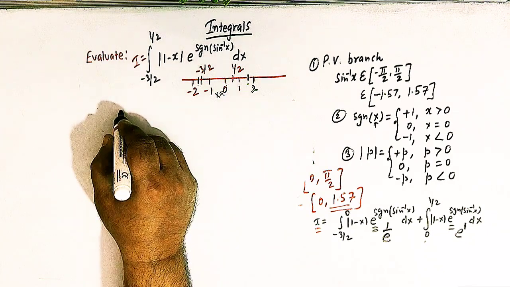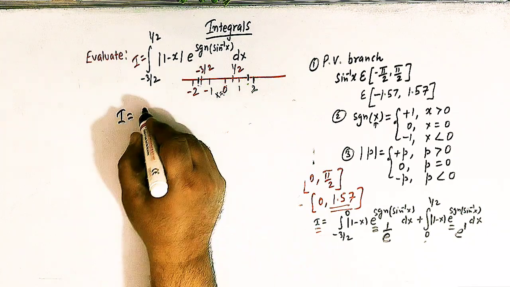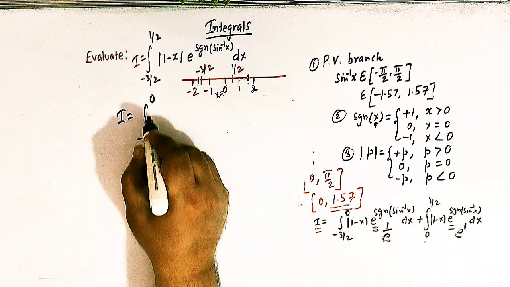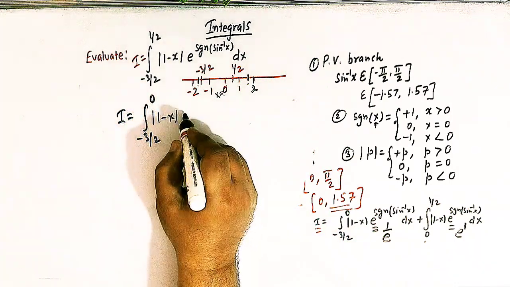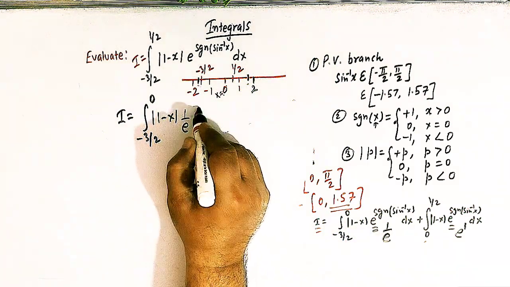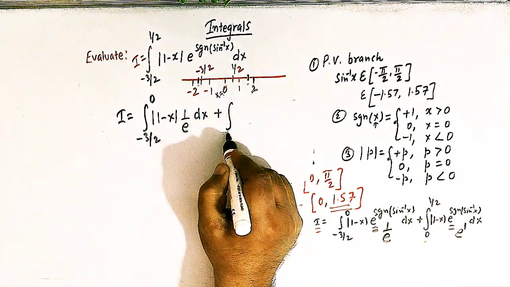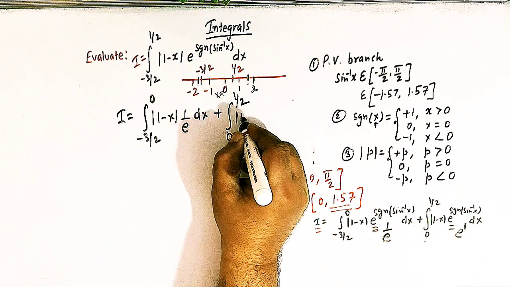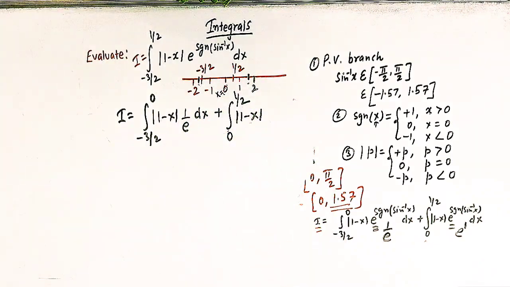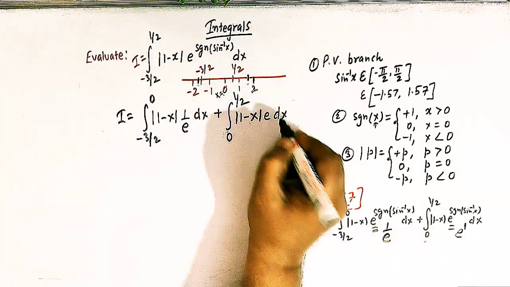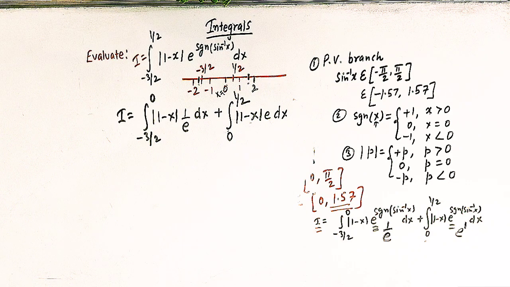So now our integral I can be written as the integral from minus 3 by 2 to 0 of mod of 1 minus x times 1 over e dx, plus the integral from 0 to half of mod of 1 minus x times e dx.